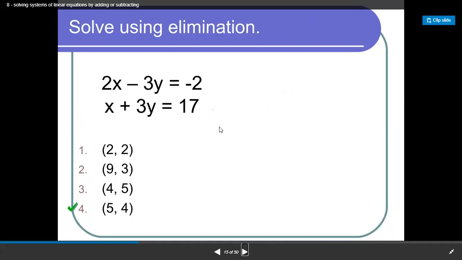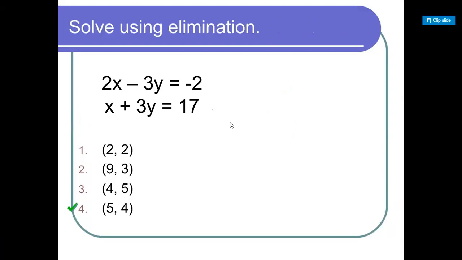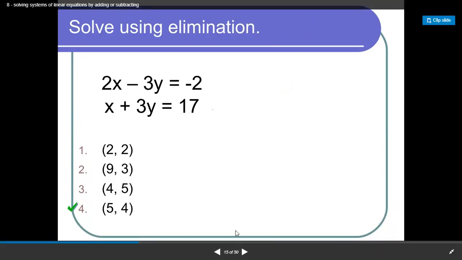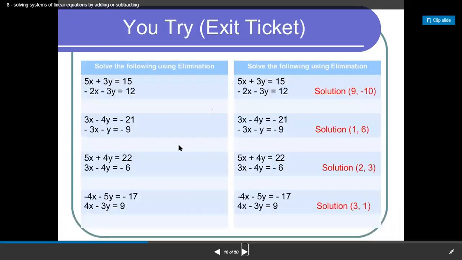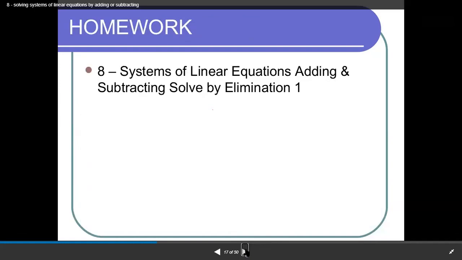When we have numbers that are additive inverses, we will add, and when we have the same number, we will subtract, which means we will change all the signs of the second equation. So once we have a number and its additive inverse, we will add. Same number with same number, we will subtract.